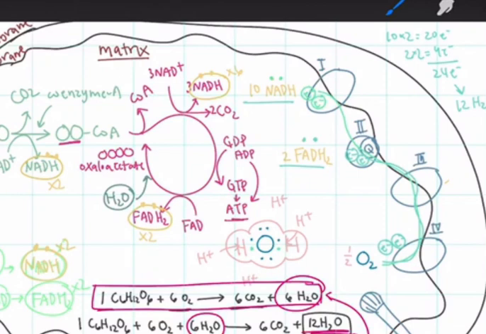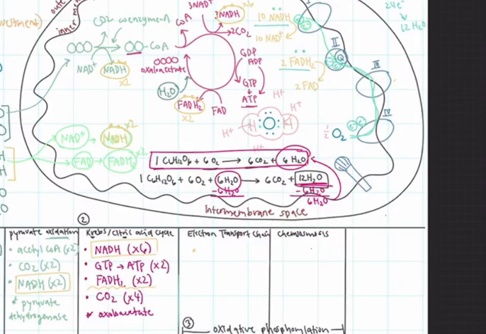So with the input of these reduced electron carriers NADH and FADH2, something I forgot to draw earlier is that when they deposit or donate their electrons, they become oxidized. And their oxidized form is NAD plus and FAD. And I'll also write the number of those molecules. So you would have 2 NAD plus, 2 FAD. So this is the oxidized form.